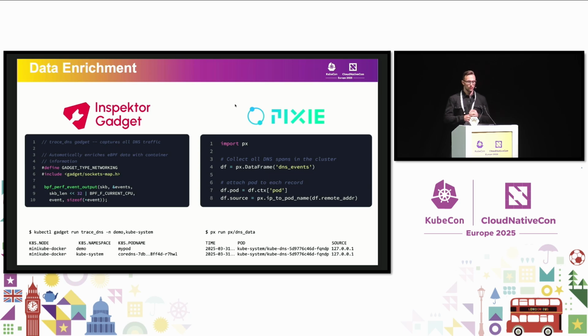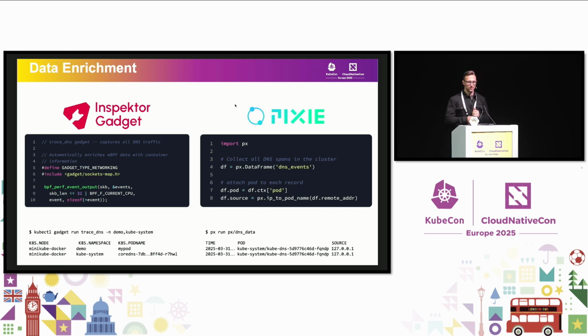For Inspektor Gadget, on lines 5 and 6, this define statement and the include statement are the two things that Inspektor Gadget provides that then automatically enrich the eBPF data with container information. And so it's very easy for this to just automatically take this low-level kernel information and populate it with that rich application-level context.